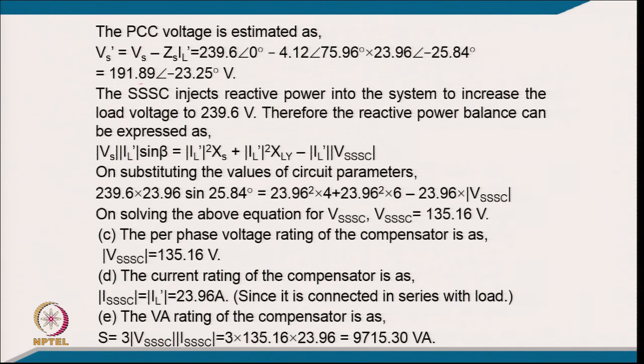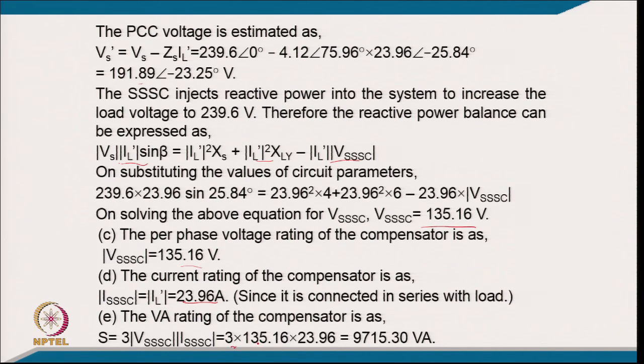Therefore, the reactive power balance can be expressed as: reactive power at the source side equals reactive power consumed by the source impedance, plus reactive power consumed by the load, plus reactive power injected by the series compensator. That is only the reactive power. On substituting the values, we get the series compensator voltage as 139.16 volt, this is the per phase voltage injected, and the current is already equal to the load current, 23.96 ampere.